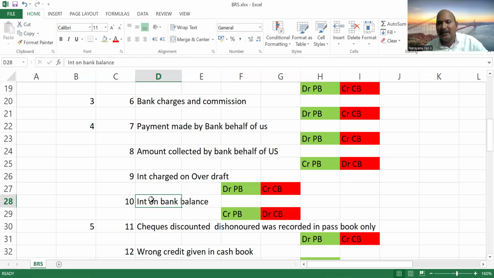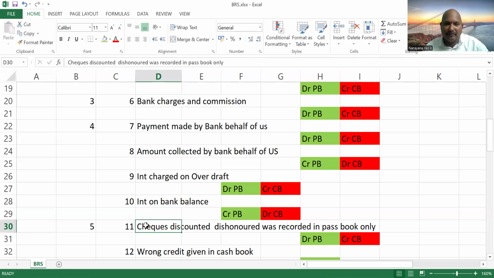How much interest they sanction, we don't know. Generally, they allow the interest on our bank balance quarterly. Then it will be on the credit side of the passbook. We don't know how much interest was earned. That is another difference between the cash book and bank passbook balance.